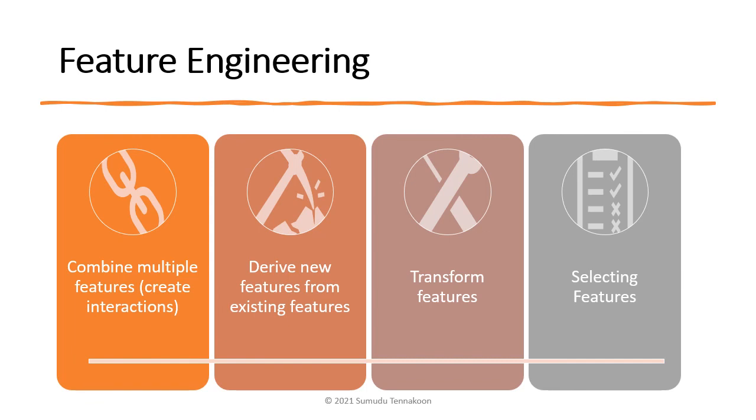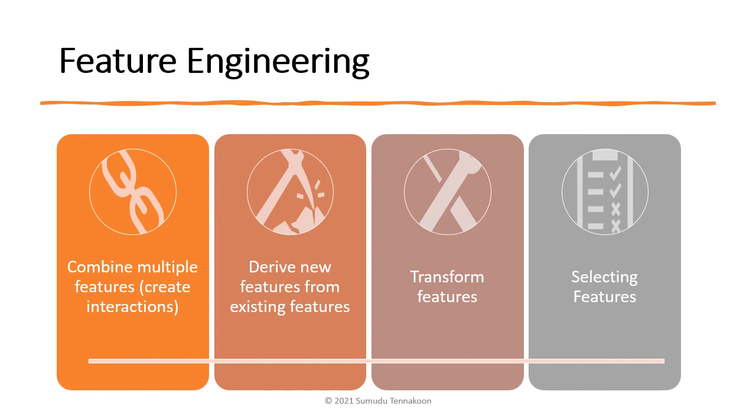Whatever features you have, it could be string, it could be numeric, it could be a list of things in your feature, you can derive new features from it. Then we can transform features, like the scaling we discussed. We can apply many different transforms: numeric to categorical, categorical columns to encoded columns, and we can do scaling, normalization, and standardization. And after all, we have to decide which features we should be using.